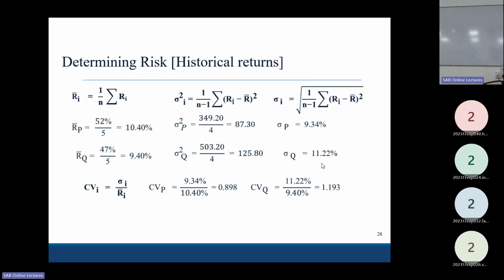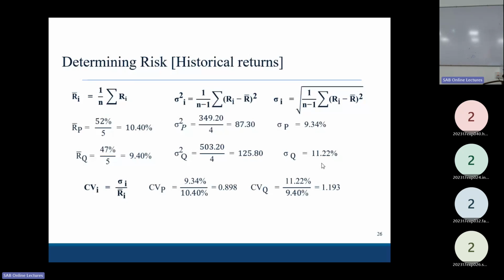So when the average return is a different number, simply by looking at the standard deviation, you cannot say which company is risky. Comparison is not possible. So in order to identify the risky one, you have to calculate the coefficient of variation.